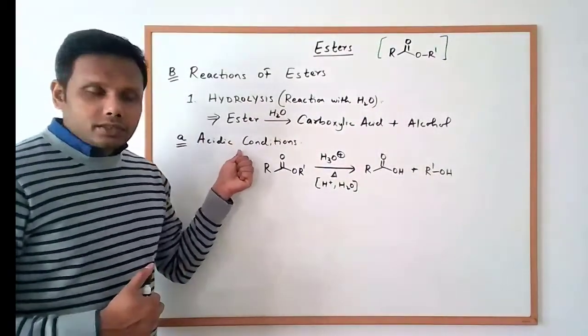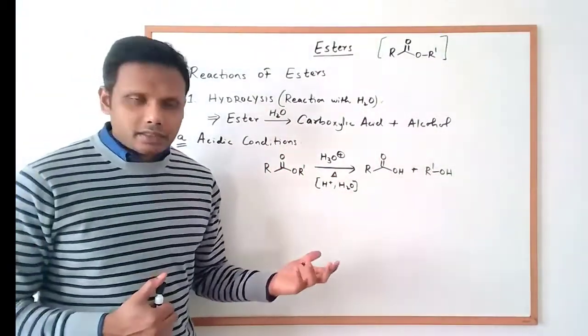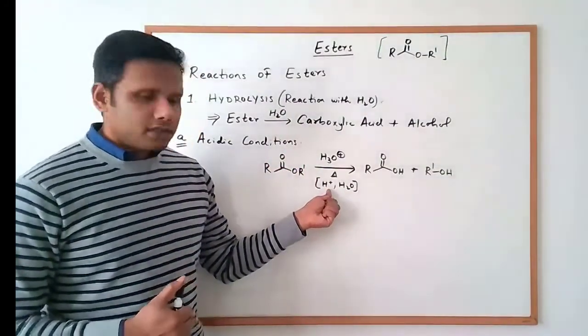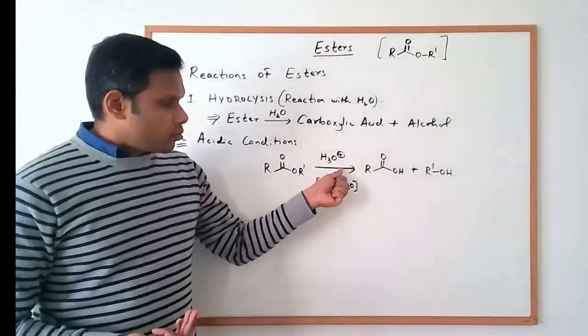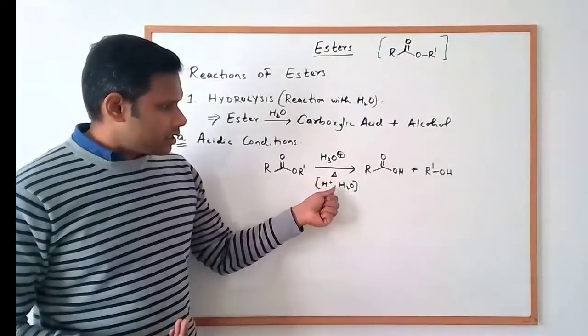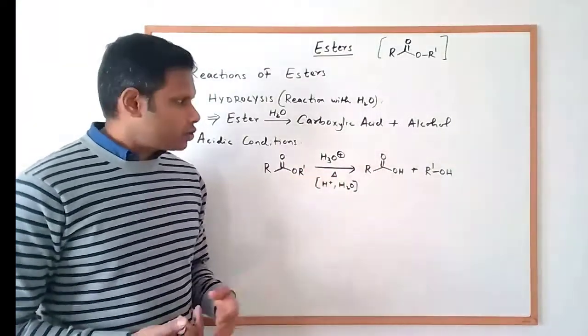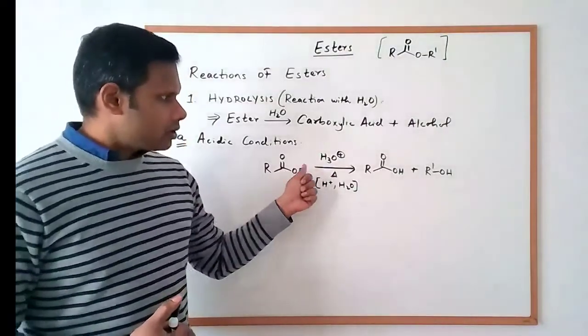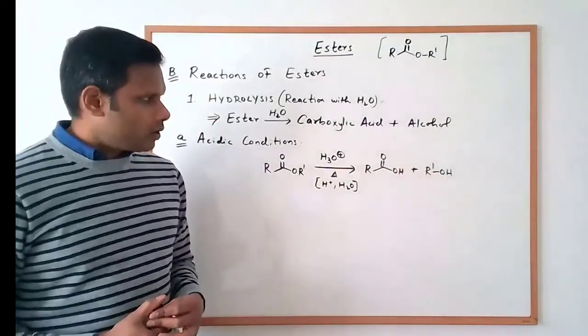Under acidic conditions, an ester is reacted with aqueous acid. So that means we have H plus acid and there's water, okay? And with heating. We can basically represent the H plus and the water by using H3O plus, like a hydronium ion. And so the ester is converted into the carboxylic acid plus the alcohol.